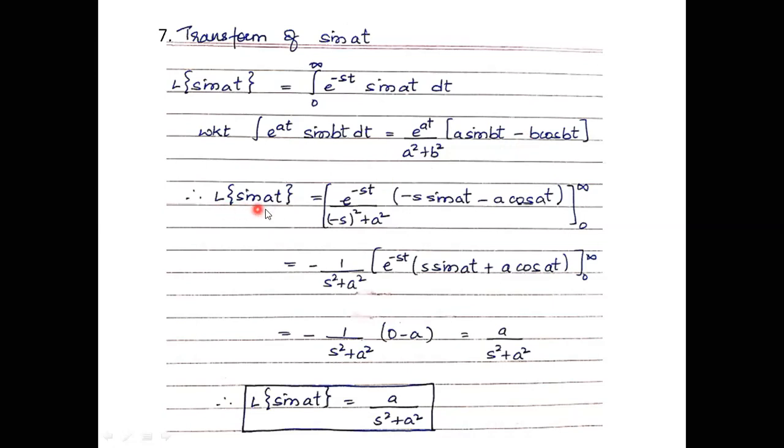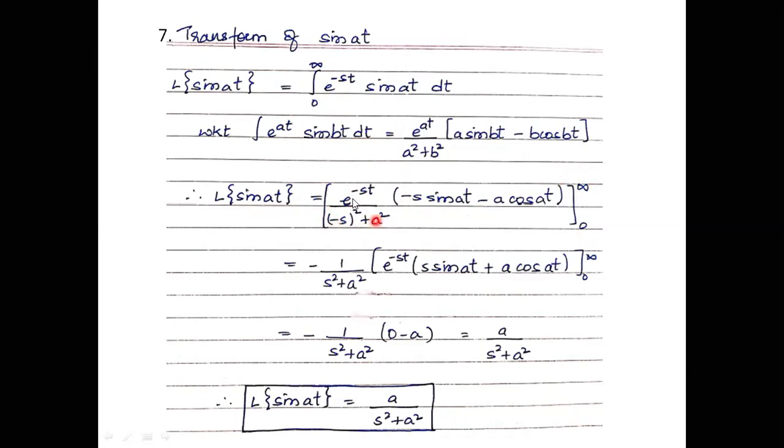So here also, in place of a I have minus s, and in place of b I have a. So e^(-st) divided by ((-s) whole squared plus a squared) into (-s sin at minus a cos at), from 0 to infinity.